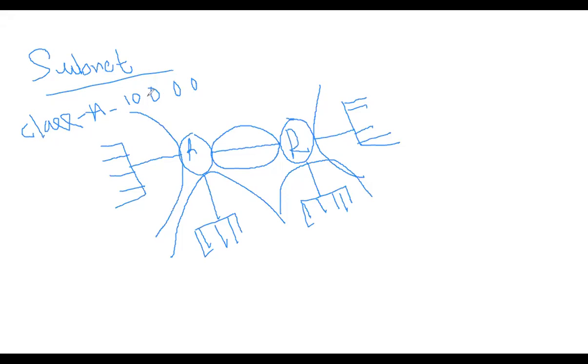This is class A. Similarly, for this side of the interface, we can give a class B ID, that is 130.0.0.0. And for this interface, we can give a class C.